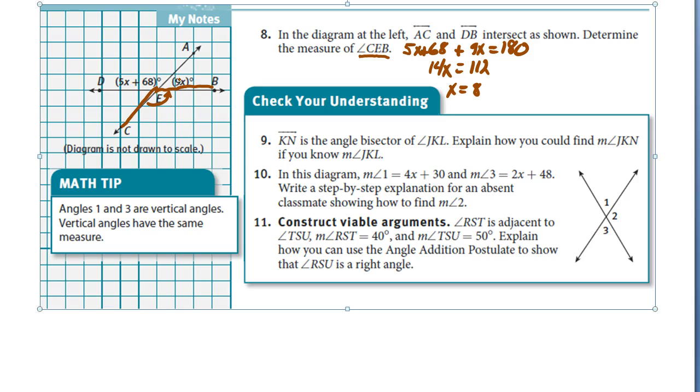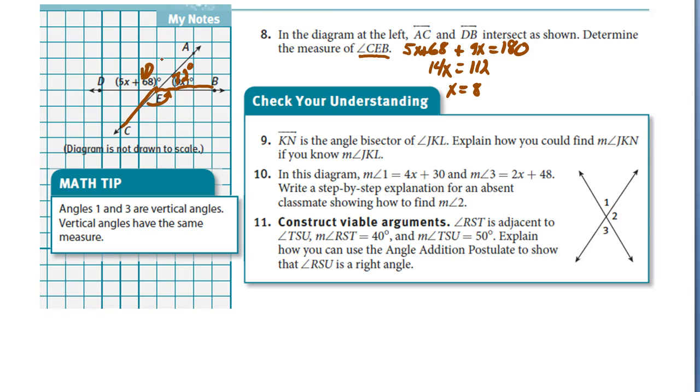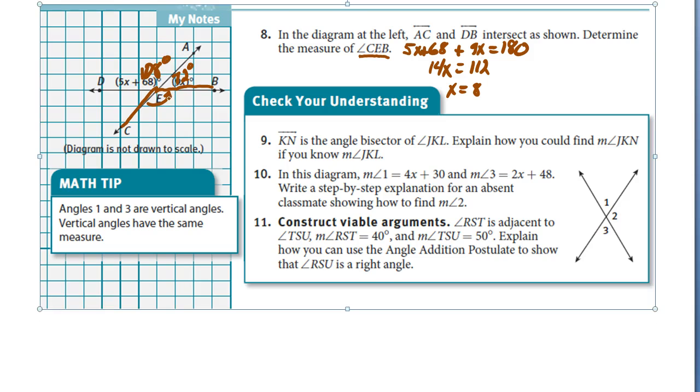So for example, when this says 9x, and we know that x is 8, that's like knowing that this is 9 times 8, or 72 degrees right there. Or over here, if x is 8, then 5 times 8 is 40, and 40 plus 68 is 108 degrees. That angle and the one we're looking for are vertical angles.